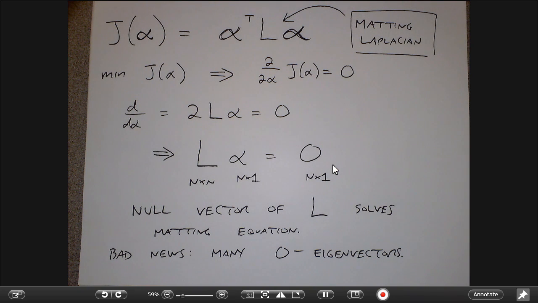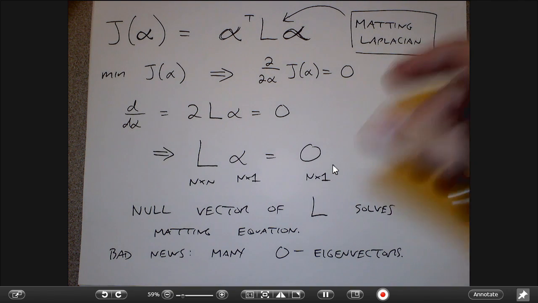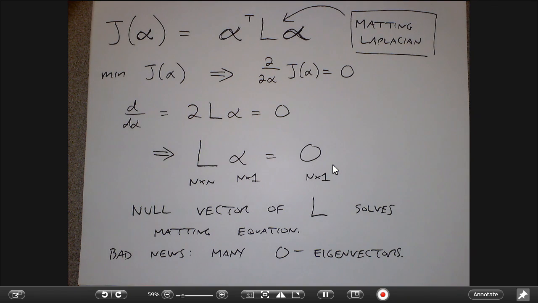But this is where, so far, all this mathematics was done without any user intervention at all, right? I just would build up this L matrix from the image intensities, and then I would solve this equation and set it equal to 0, right? I haven't used the user input at all, and that's where the user input is really important. So the user input comes from, for example, these scribbles on the image.